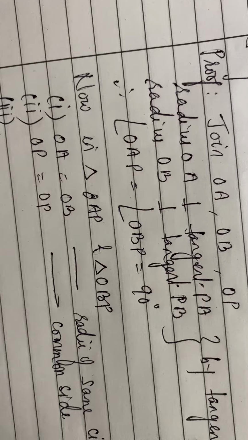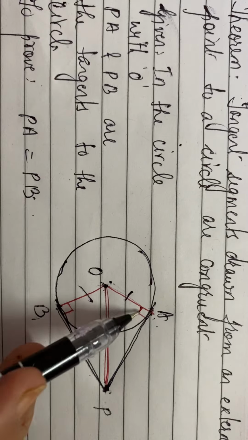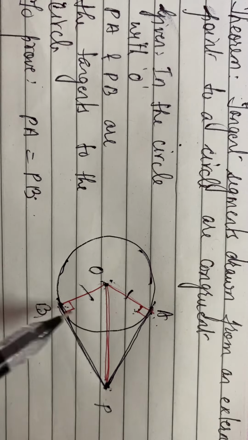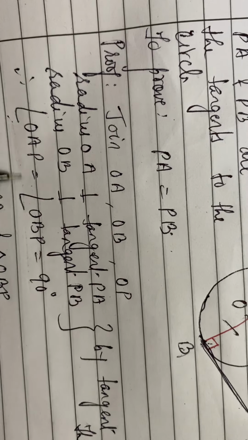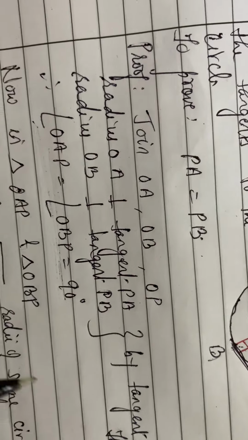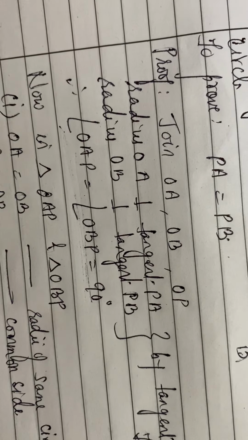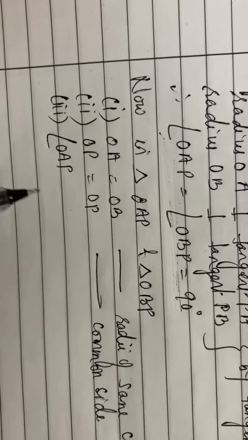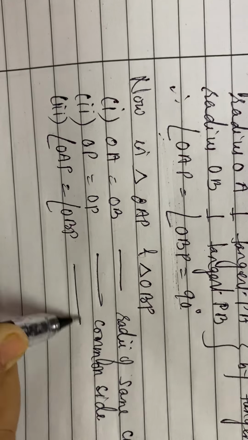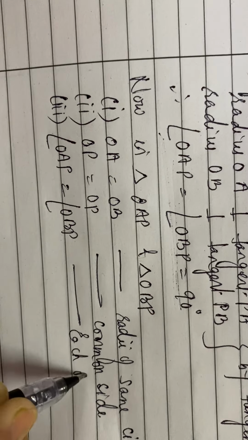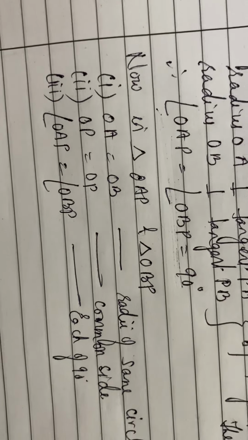The third condition being, we have two angles which are right angles. Angle A and angle B are of 90 each. We have already written this. Okay. So, angle OAP is equal to angle OBP, each of 90 degree.